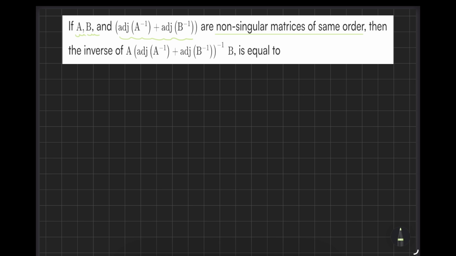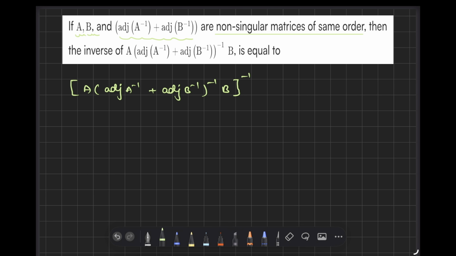So first we will copy paste the question and try to copy it correctly. So this is A adjoint A inverse plus adjoint B inverse, then we have a bracket, then we have inverse, and then we have B, and we have to find the inverse of this thing.